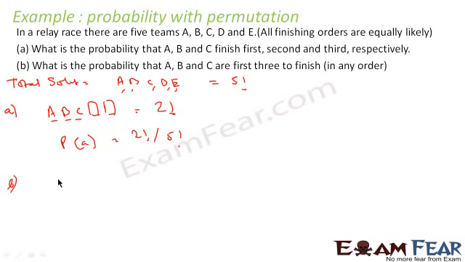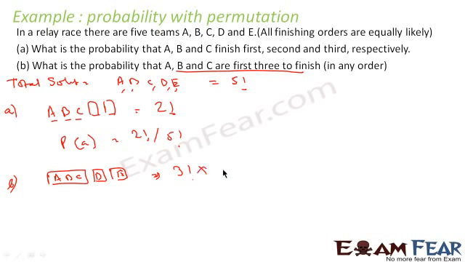In case B, we say that A, B, C are the first 3. That means we don't know which one is first and which one is second, but A, B, C are the top 3. And then we have D and E. We can arrange A, B, C in 3 permutation ways, since anyone can become first.